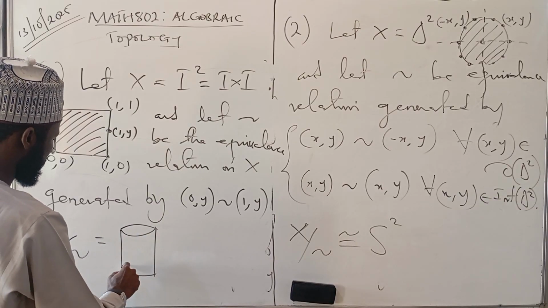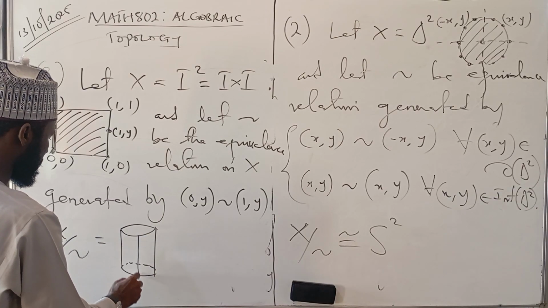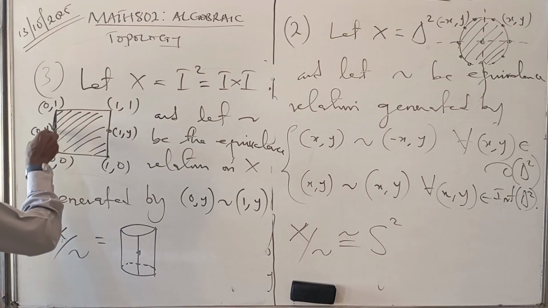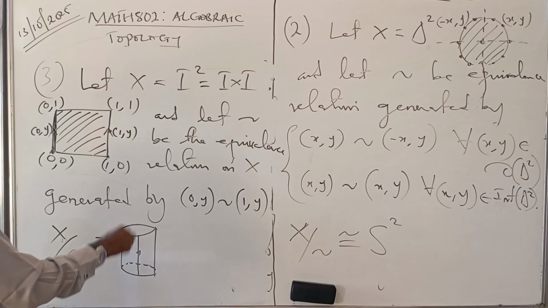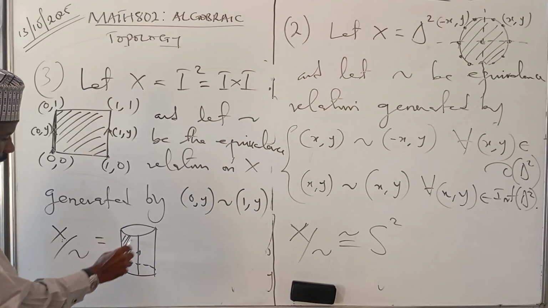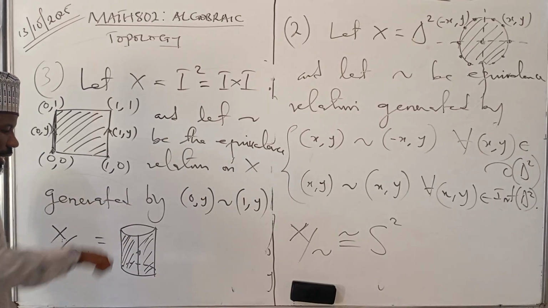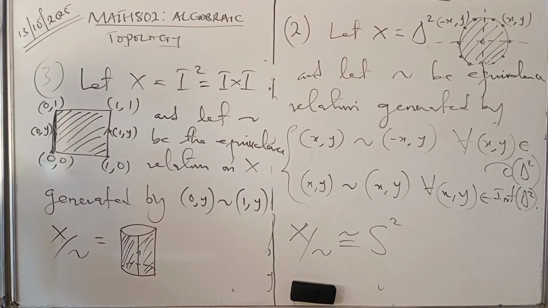It is the cylinder. Then you identify this edge with that edge. I'm talking about the surface of this cylinder, not the solid cylinder; it's a hollow cylinder.